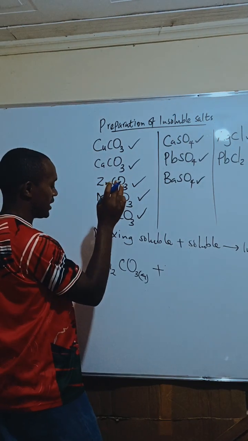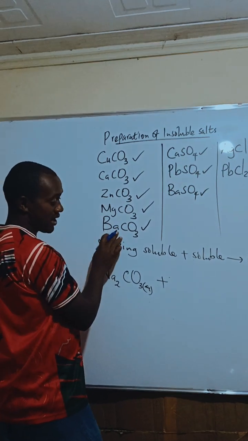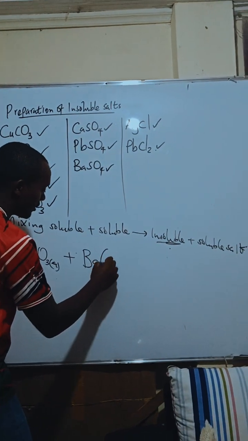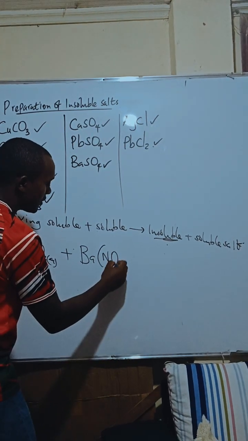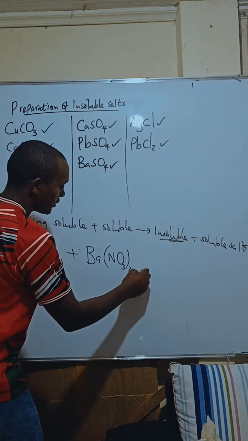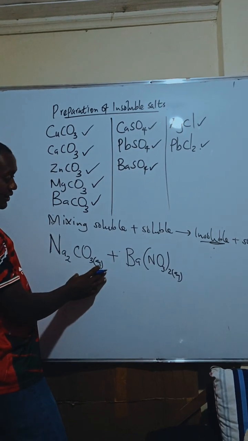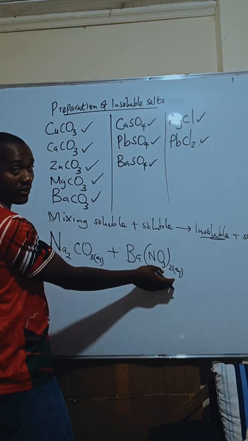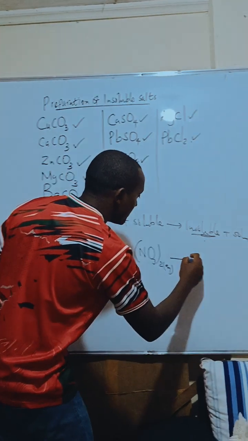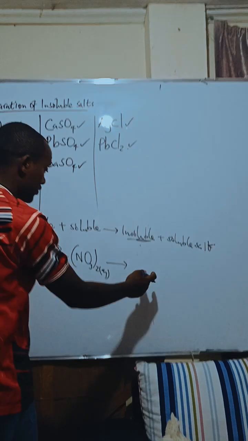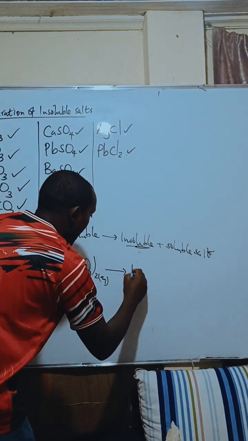Let's say you want to prepare barium carbonate. So you're going to mix it with barium nitrate, because all nitrates are soluble. So this is an aqueous solution. Sodium carbonate is aqueous, soluble. Barium nitrate is aqueous, soluble. It's going to precipitate out barium carbonate.